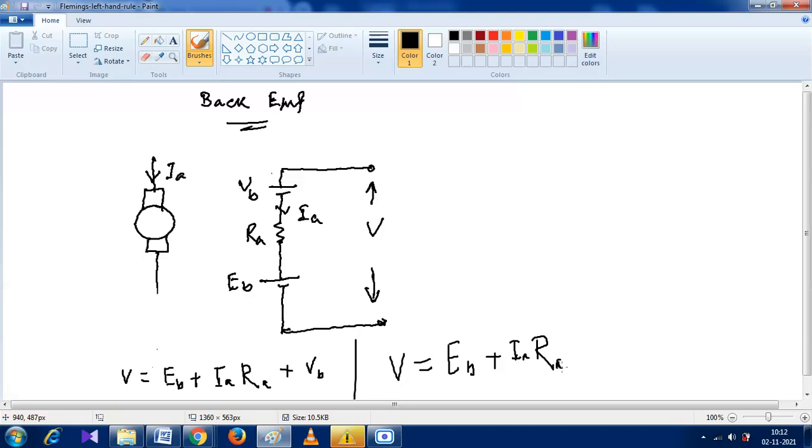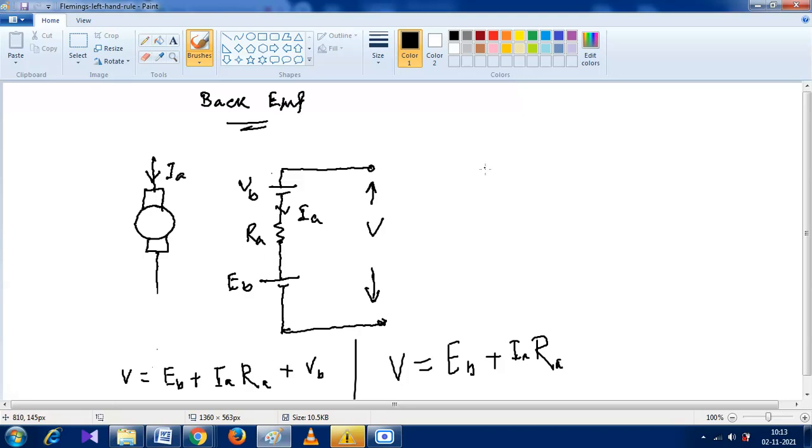Sir, voltage will be produced. Yes, good. The voltage is induced, and the name of that voltage is rotational EMF.